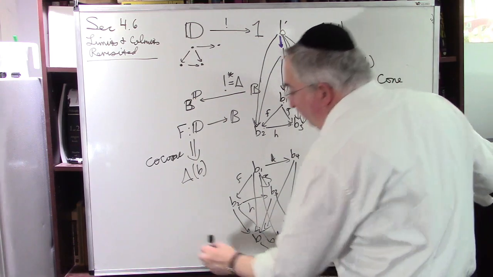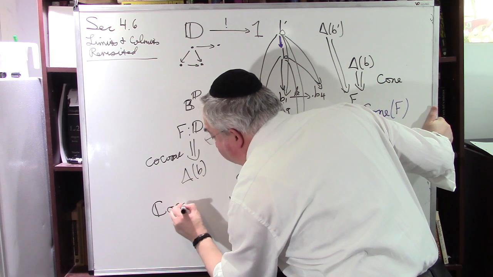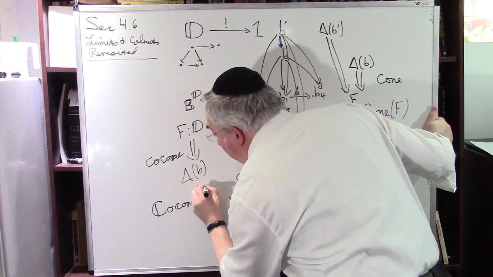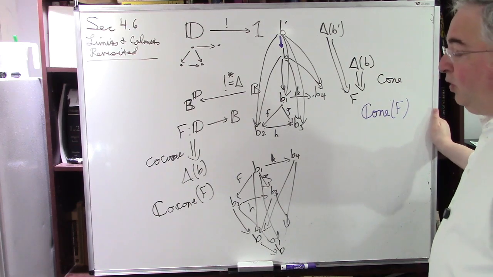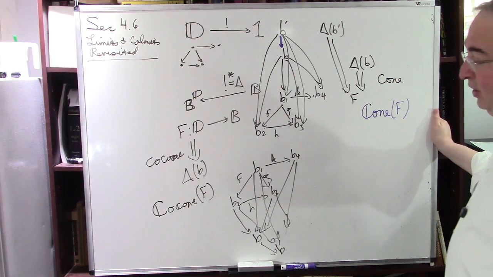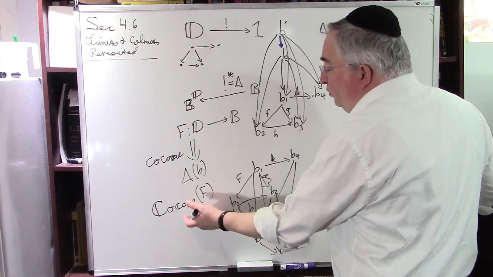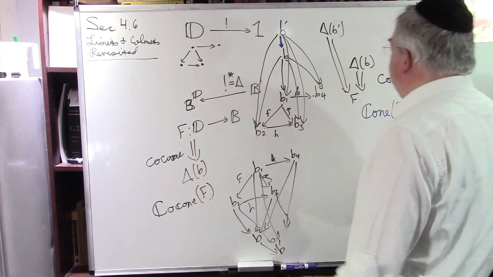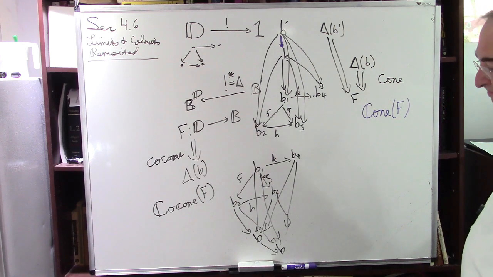And guess what you have? You have a category of cocones. I wouldn't say over F, cocones of F. In fact, the way to think of it is that F is over them. So I guess it would be cocones below F, and here we'd say cones above F. This is a search for an adjective.